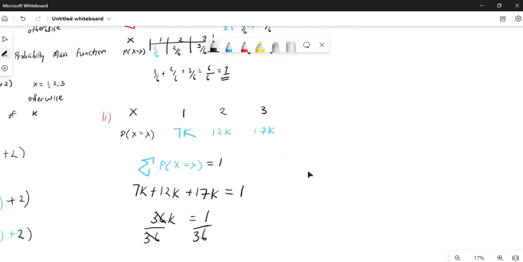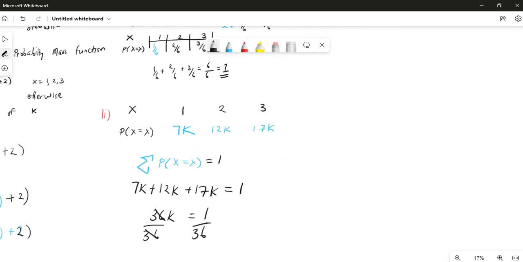So we can clean up our probability distribution here. We have 7 divided by 36, 12 divided by 36, because we're substituting this k with 1 over 36.